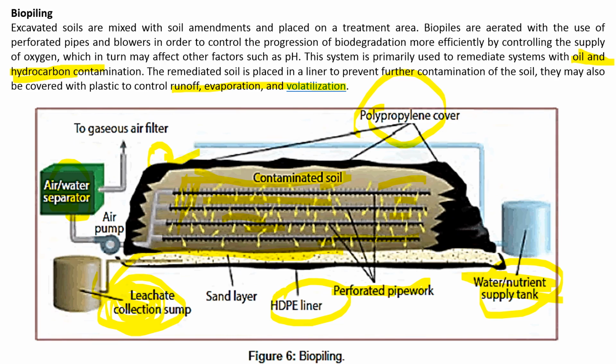Hydrocarbons, diesel byproducts and crude oil byproducts are volatile in nature. They evaporate into air, and along with biodegradation that can cause toxic fumes, which ultimately result in air pollution. So to control volatilization of oil and hydrocarbon contaminants, they use a polypropylene cover.